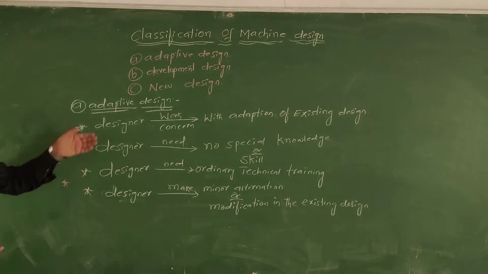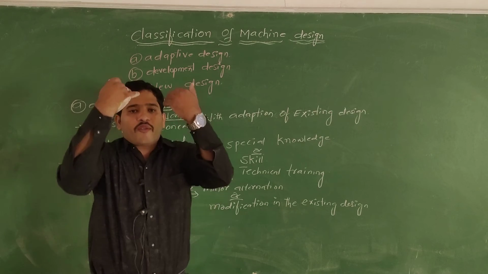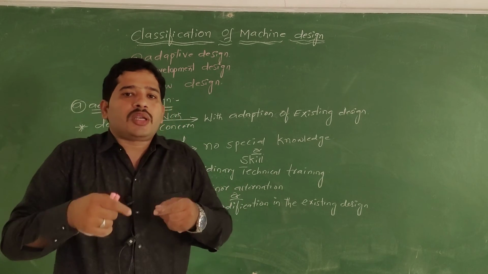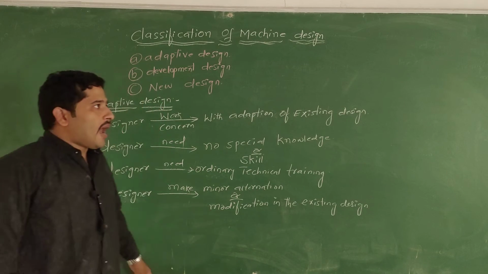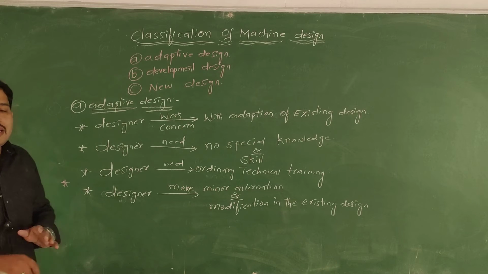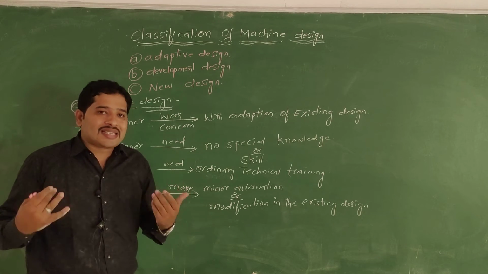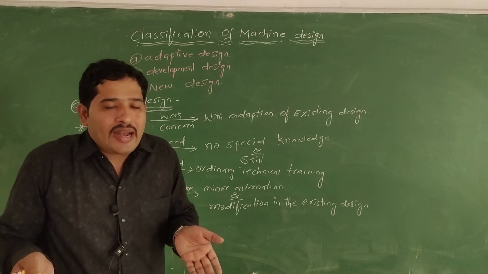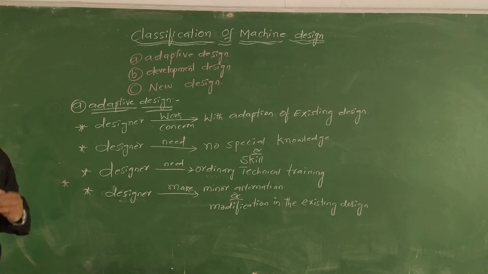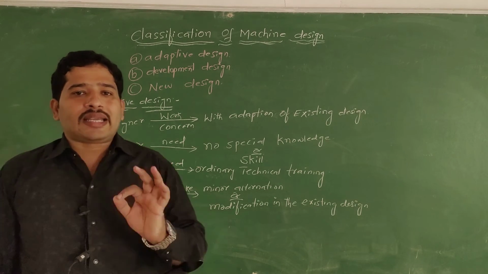Let us see in the adaptive design. So this design work is concerned with the adaptation of existing design. Whatever design already exists, we just need to work on it. Is it right? And the second condition for this adaptive design is that the designer needs no special knowledge or skill. And third point, the designer needs only ordinary technical training.